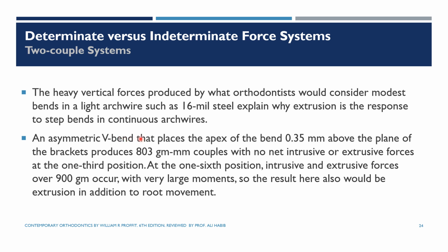In the same experimental setup, they evaluated the effect of an asymmetric V-bend, starting from symmetric to asymmetric, with the apex of the bend about 0.35 millimeter above the plane of the bracket. They found that this produces 803 gram millimeter couples with no net intrusive or extrusive forces at the 1/3 position.